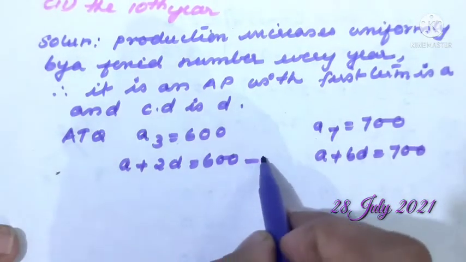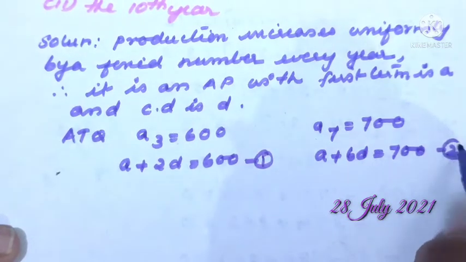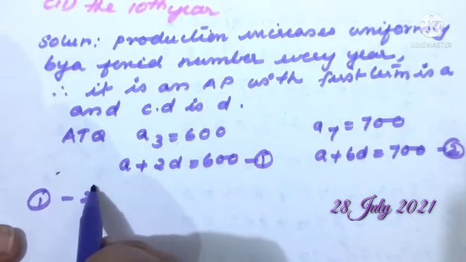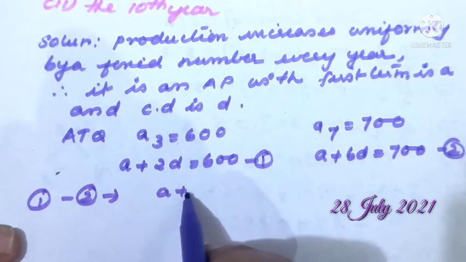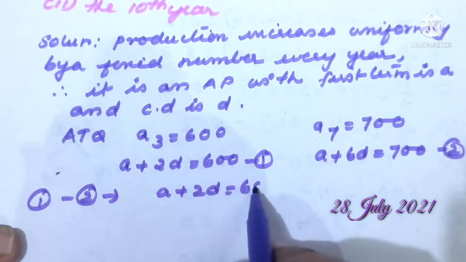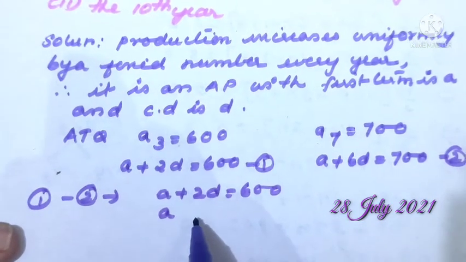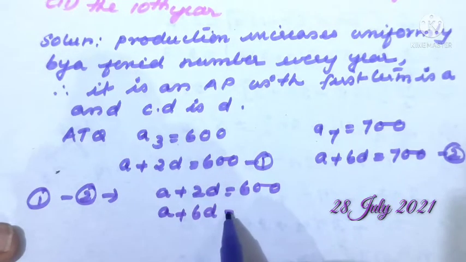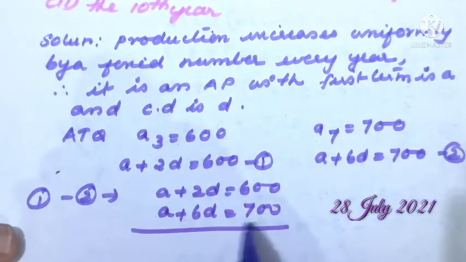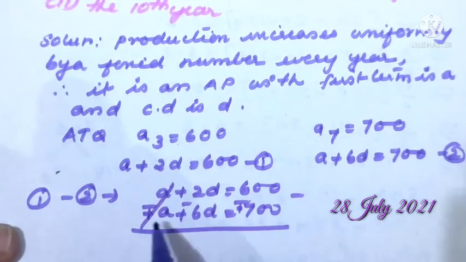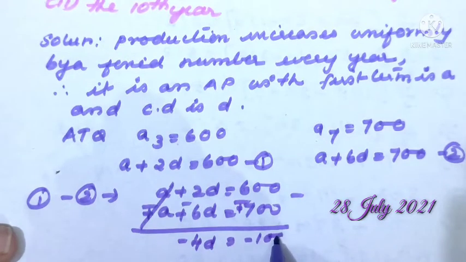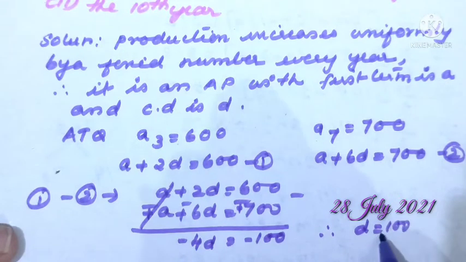Call them equation number 1 and equation number 2. 1 minus 2: a plus 2d equal to 600, below I write a plus 6d equal to 700. Minus means change of sign. So a gets cancelled, minus 4d equal to minus 100. Therefore, d equal to 100 by 4 equal to 25.